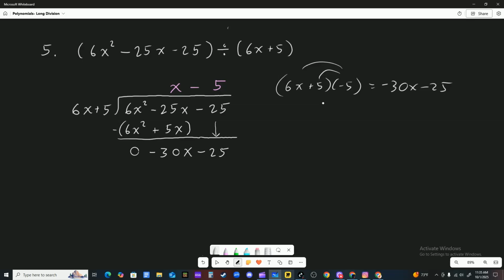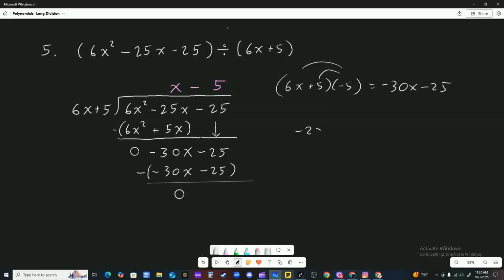Alright, cool. So here I get negative 30x minus 25. Here we go. So negative 30x minus negative 30x gives me 0.